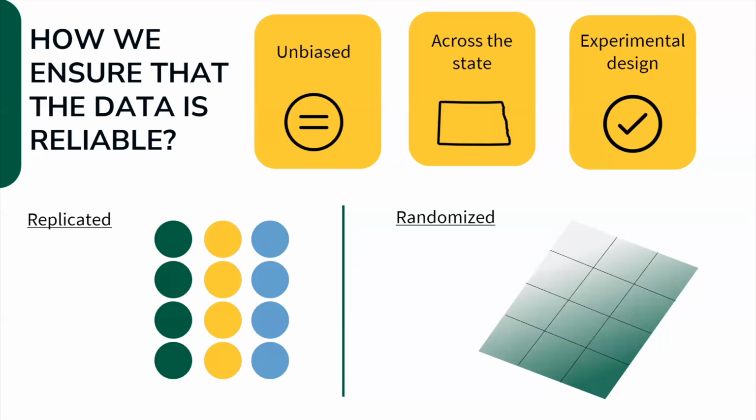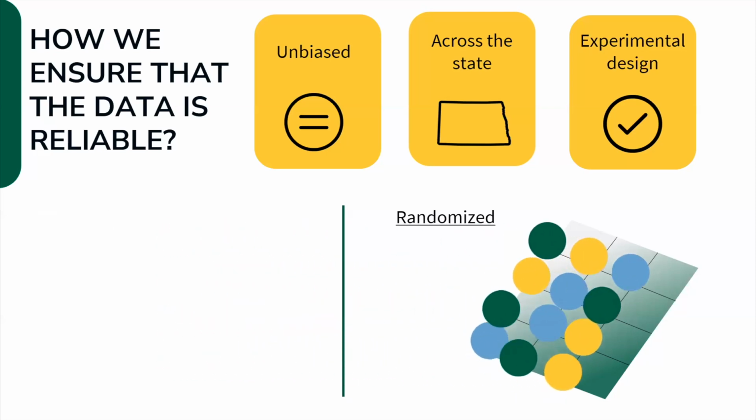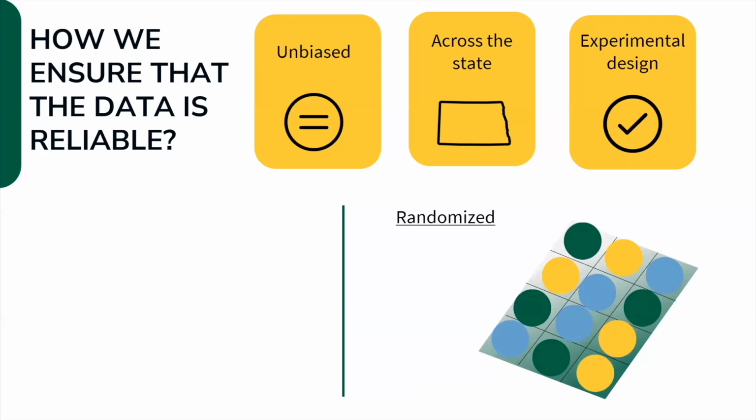For example, in the diagram that I'm showing, it's kind of a field. I put a gradient of color showing that, I don't know, maybe one part of the field is better than the other one. And when we randomize, we organize our replicates in a random way. This way, we kind of cover the variability.